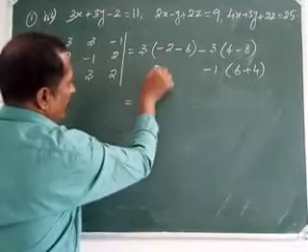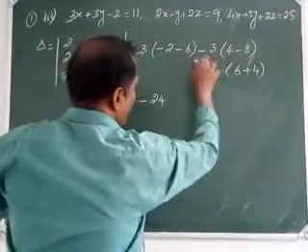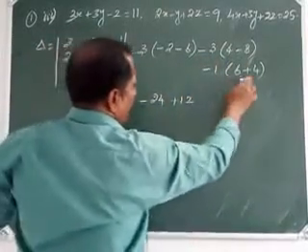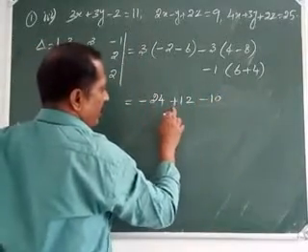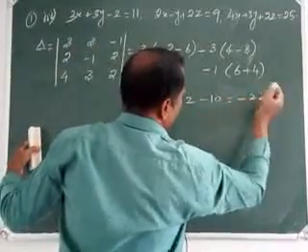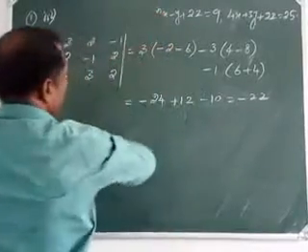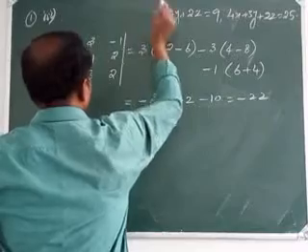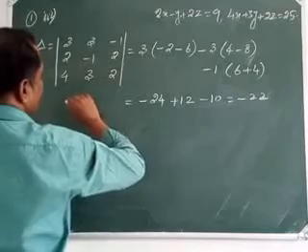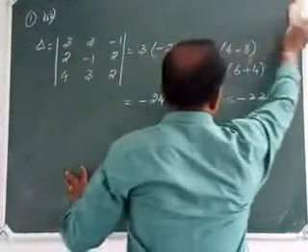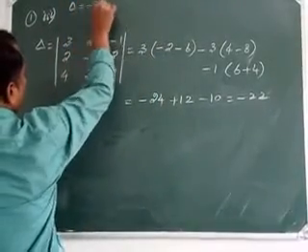That is minus 8 into 3 is minus 24, 4 minus 8 is minus 4 into minus 3 is 12, and 10 into minus 1 is minus 10. Minus 24 plus 12 minus 10 is minus 22. So delta is equal to minus 22.